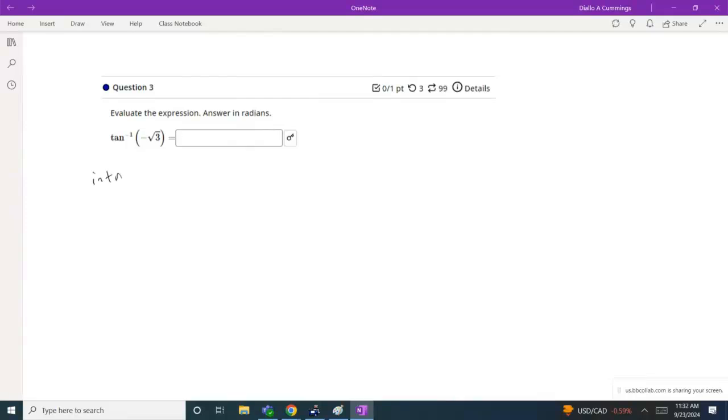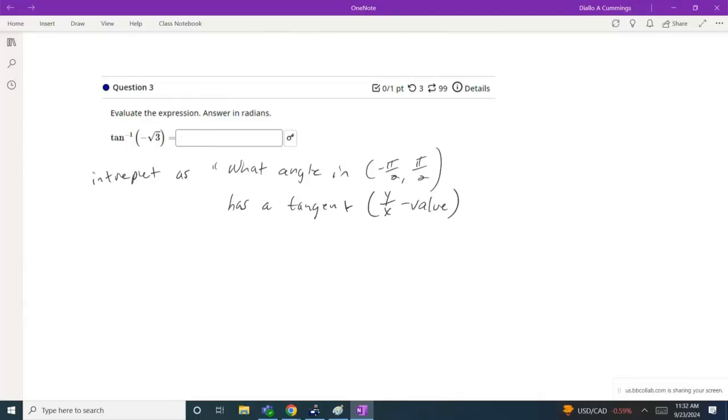So we're going to interpret this as what angle in the interval from negative pi over 2 to pi over 2 has a tangent, and a tangent is a y over x value, right, of negative square root of 3.